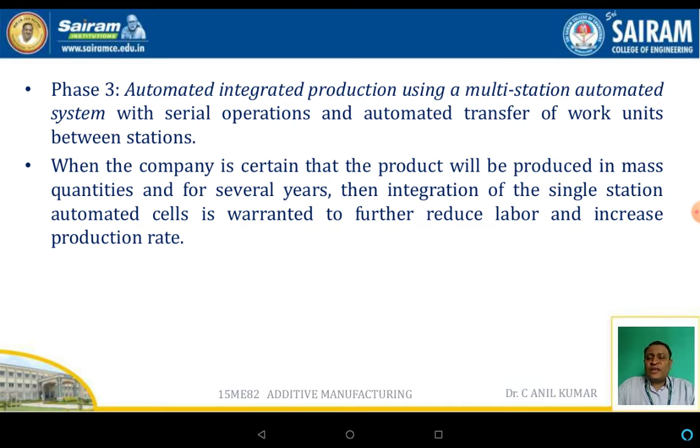When the company is certain that the product will be produced in mass production for several years, then the integration of single station automated cells is warranted to further reduce labor and increase the production rate. The major reasons for automation are to reduce the labor, increase the production rate, and also decrease the cost.